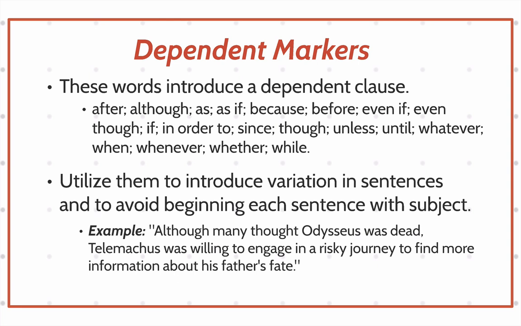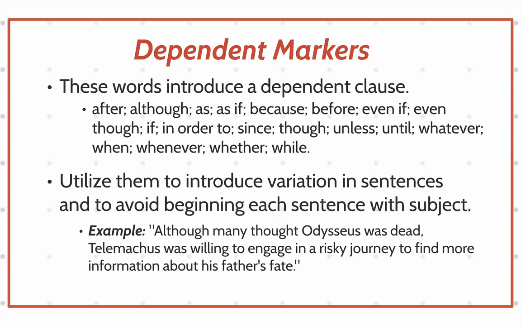You may find that as you read through your work, it seems like a list: subject, predicate, subject, predicate, subject, predicate. That can be boring and not very engaging for your reader. Whereas if you utilize some of these dependent markers and begin your sentences with dependent clauses, that can introduce variation that will be more engaging for the reader.